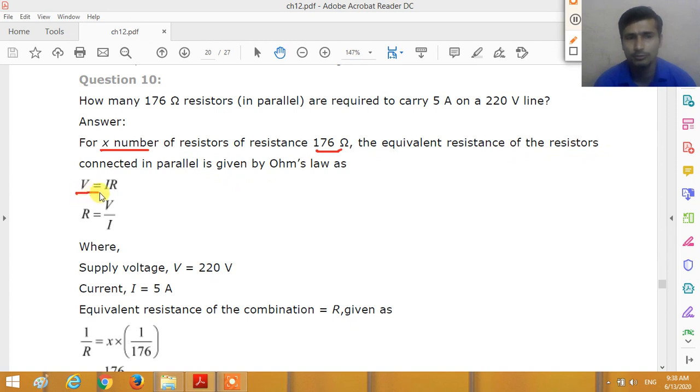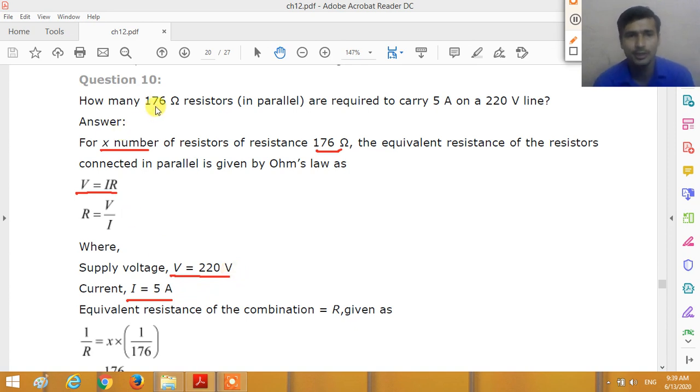According to Ohm's law, V is equal to I into R, so R is equal to V divided by I. Here the potential applied to the circuit is 220 volt, and the current we require is 5 ampere. So on a 220 volt line, we want a current of 5 ampere.